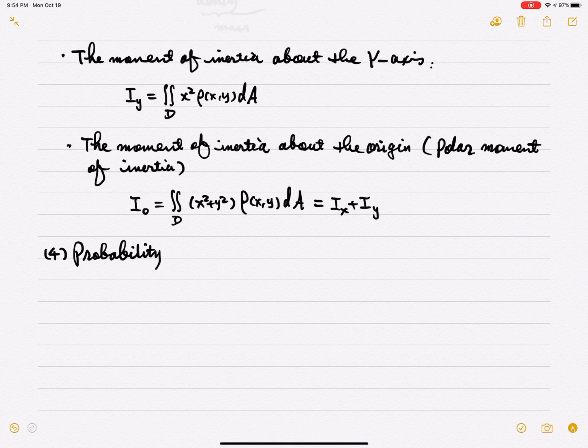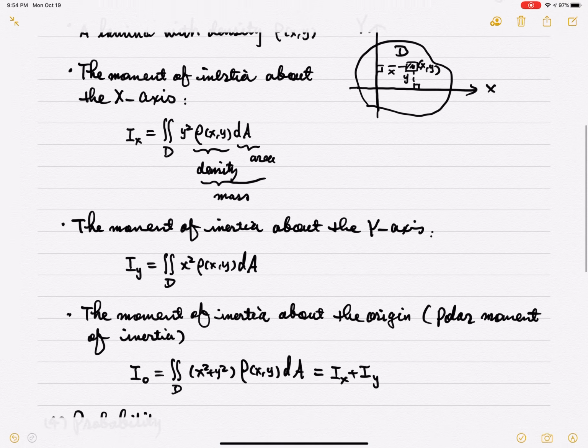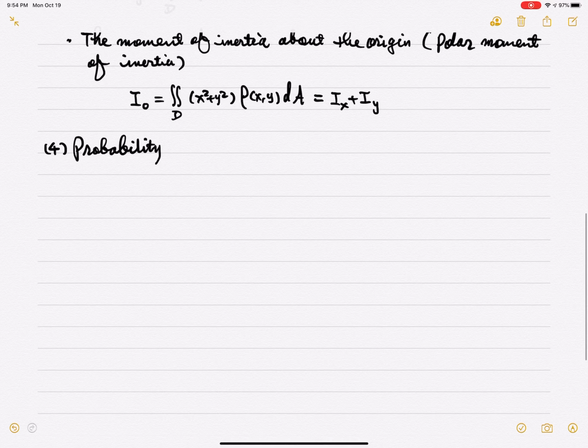Probability. We talked about a function of one variable before, so let's review a little bit.